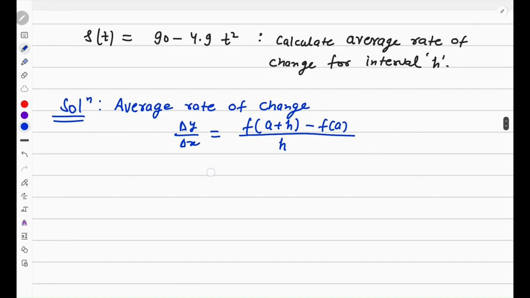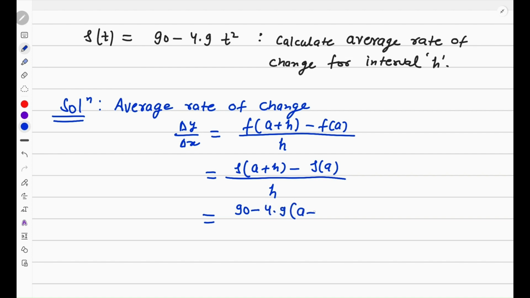So here we have the function s: s(a plus h) minus s(a) over h. So if we put a plus h in the function, we get 90 minus 4.9 (a plus h) square minus (90 minus 4.9 a square) over h.